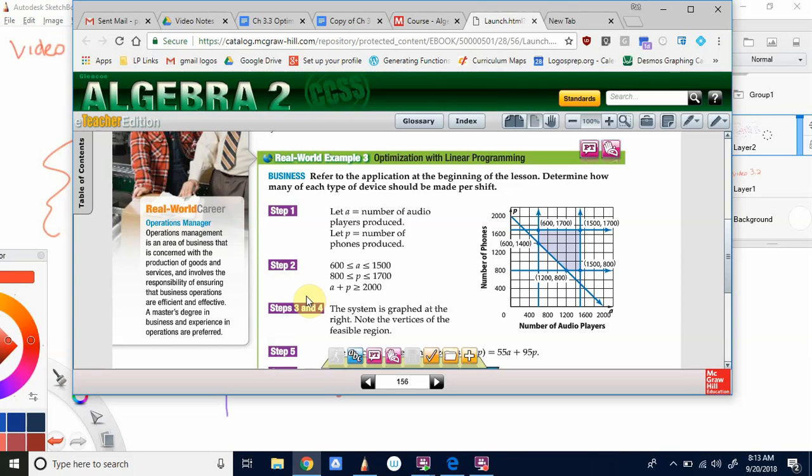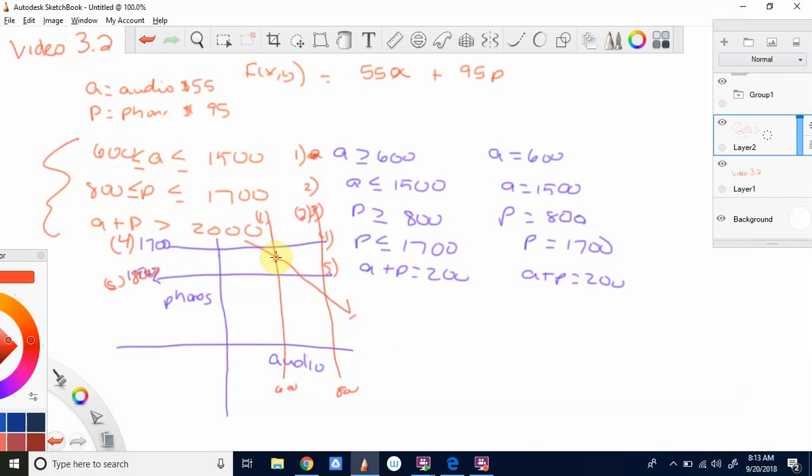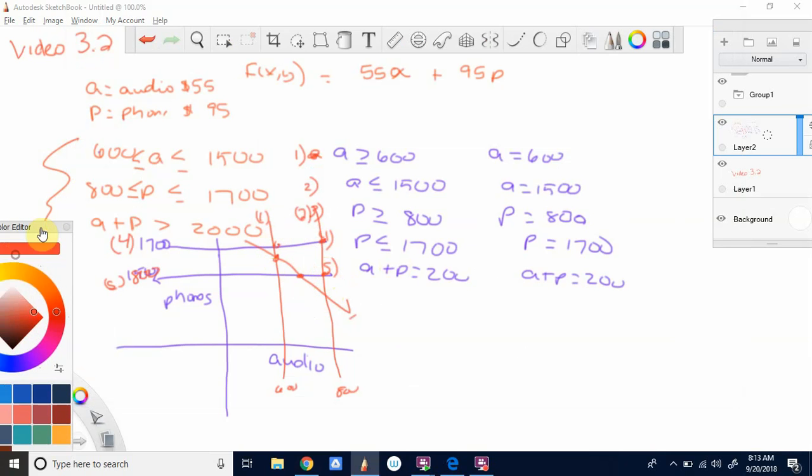Okay, so here I've got 1, 2, 3, 4, 5 vertices formed. Okay, and then my feasible region is going to be right here.